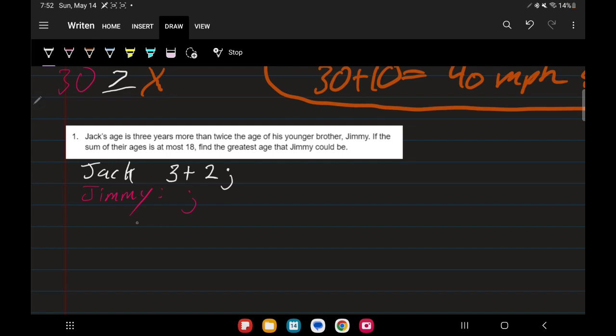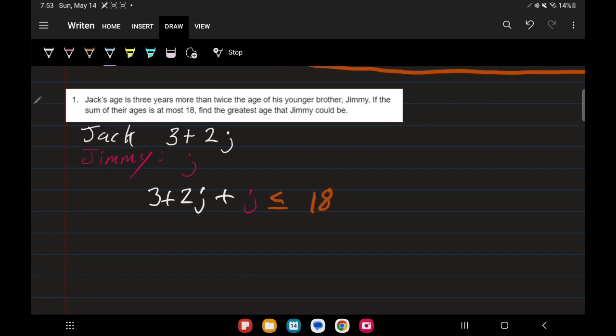So we get 3 plus 2j plus j is equal to, nope, not equal to, they have to be at most, so they're less than or equal to 18. Okay.